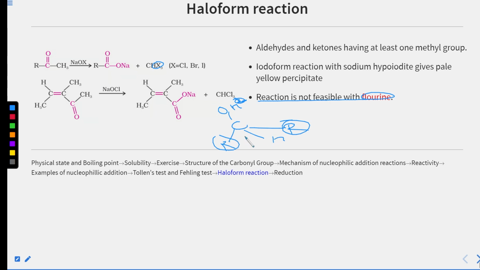This OH minus will take H from here and will remove this H also, because the system is heated. This is not a common reaction, I would say, but since an O negative charge is present in case of secondary alcohol, that can also go to your carbonyl group. Therefore the secondary alcohol can also give Tollens' test, and you will see this when you study your biomolecules chapter. You will see there that some of the biomolecules are not aldehydes, yet they are giving your Tollens' test. Okay, clear? So this was about the haloform reaction.